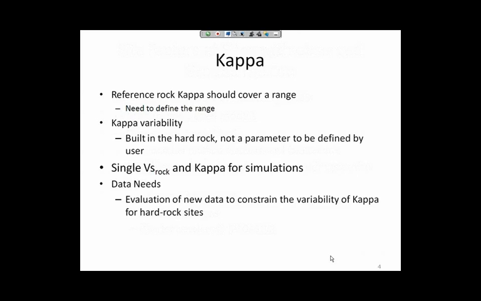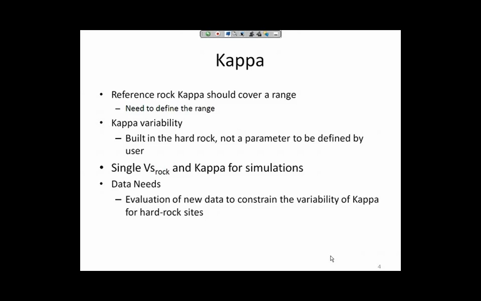All right, kappa. There's a lot of discussion on that. Again, not a single kappa, but the kappa should cover a reasonable range of what those values are. That range has to get defined. But it, again, should be the range of typical rock sites such that adjustments off of that value are not needed in the application of the model.